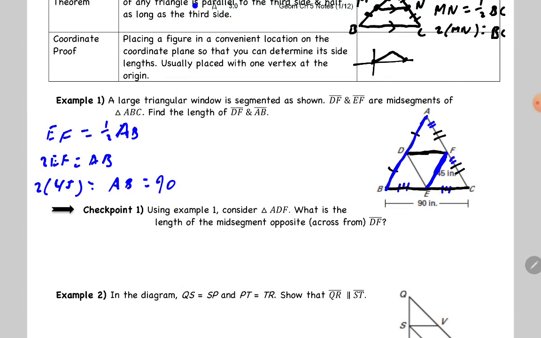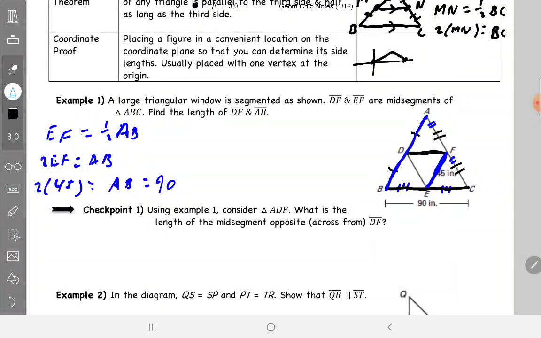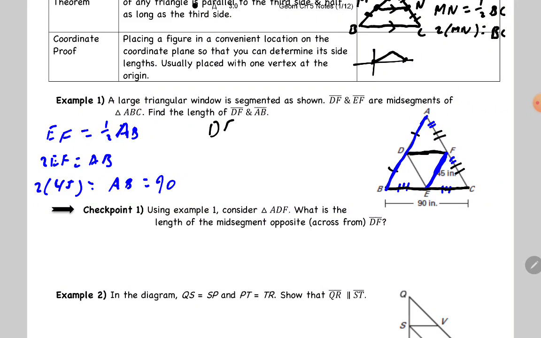So the blue lines are parallel and the black lines are parallel. So DF is equal to 1/2 BC. Since BC is 90, DF equals 1/2 of 90. So DF equals 45. And don't forget to put inches.